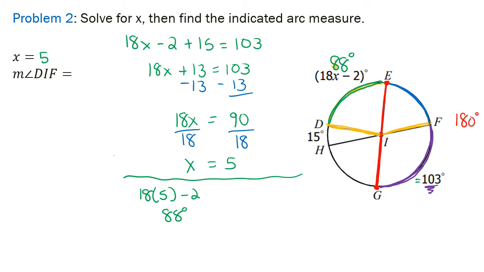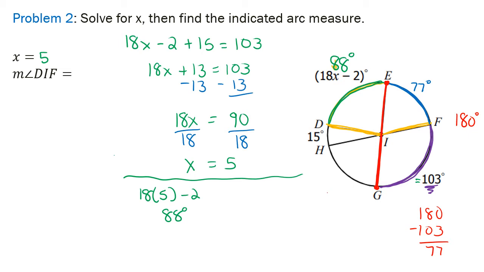So if I know the purple is 103 and the whole right side is supposed to be 180, if I subtract those, we get 77, and that 77 is that arc. So 77 plus 103 is 180, half of a circle.